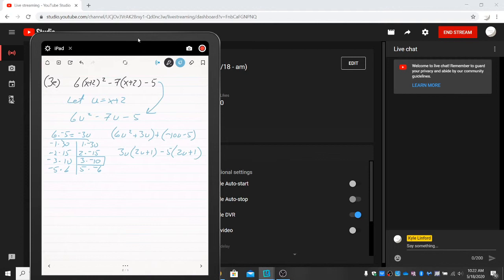And what do you know? There's that common binomial, so I can factor out the 2u plus 1, and what are we left with? 3u minus 5. We have just gone, and we factored down this polynomial.